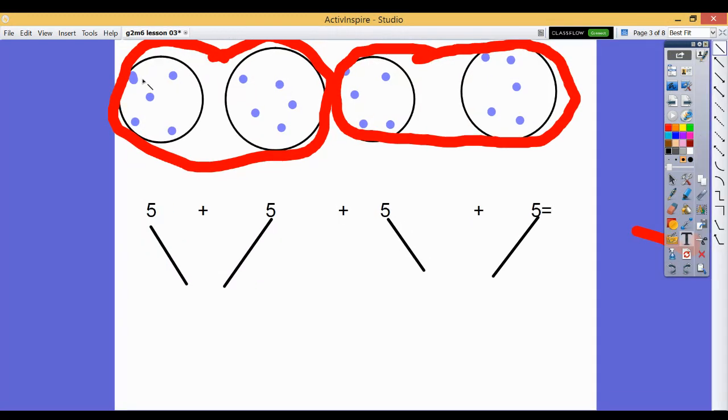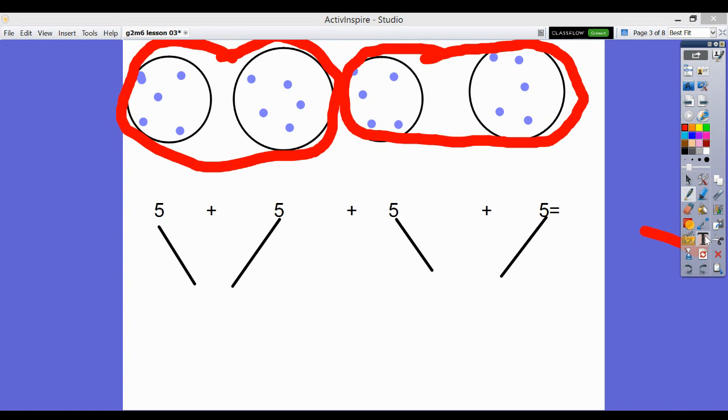Here we go. 1, 2, 3, 4, 5, 6, 7, 8, 9, 10. So now we have 10 in one group, and let's count what will be in the next group. 1, 2, 3, 4, 5, 6, 7, 8, 9, 10. So now we have two equal groups of 5.